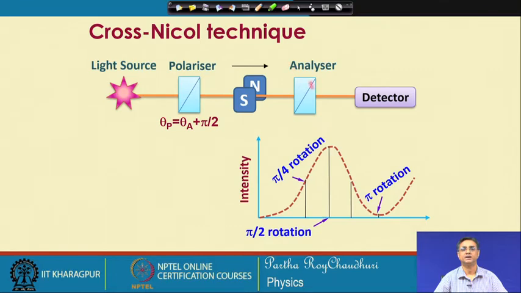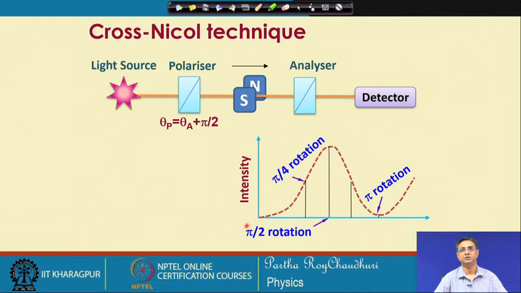For this kind of amplitude modulation setup, we have a pair of polarizers, one called the polarizer and the other the analyzer. If there is a rotation of the polarization axis of the optical beam, then the intensity varies, which is detected by a detector placed in the path of the exiting light. The intensity variation as a function of the rotation of the plane of polarization is shown here.